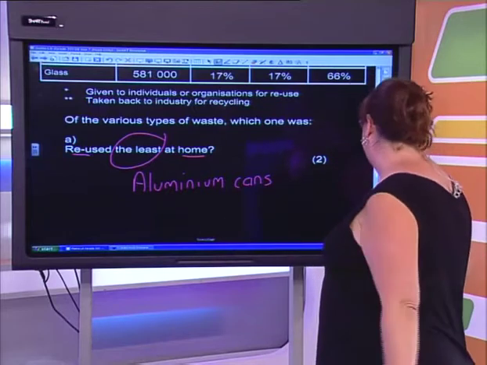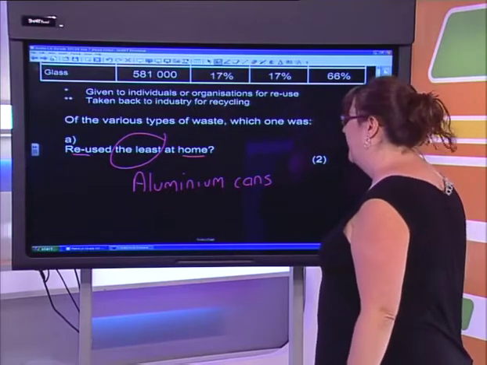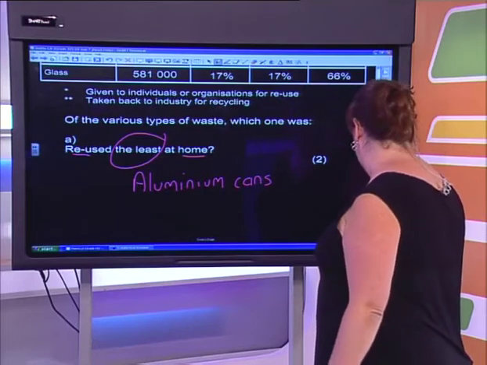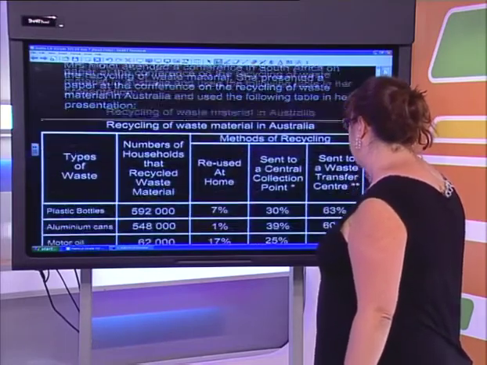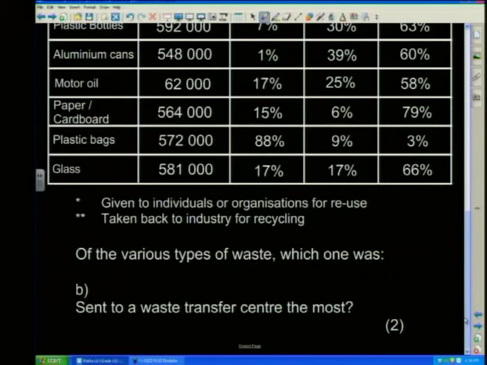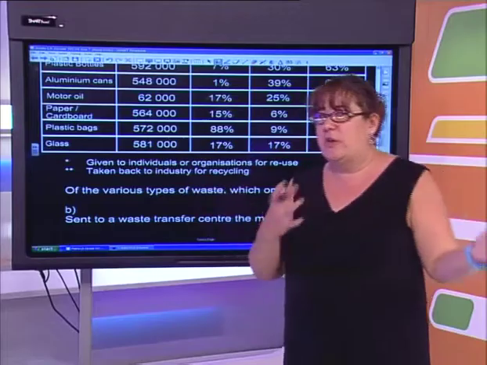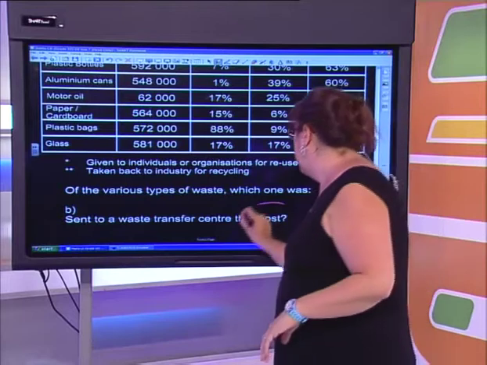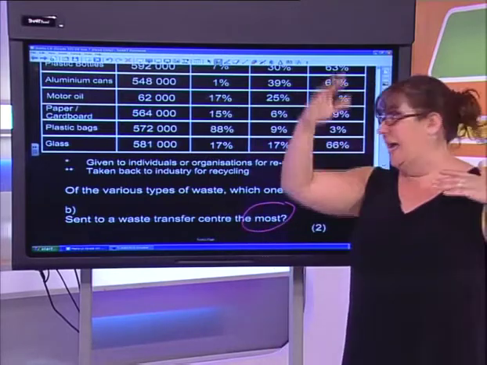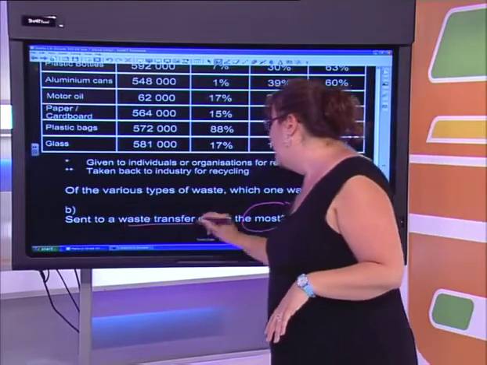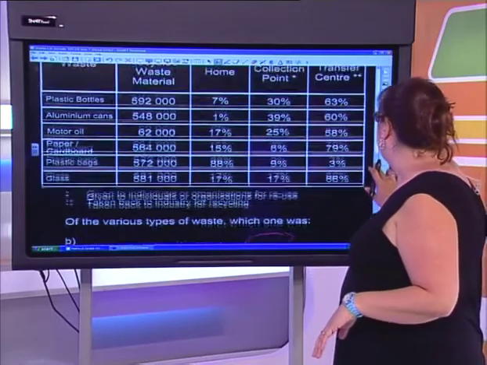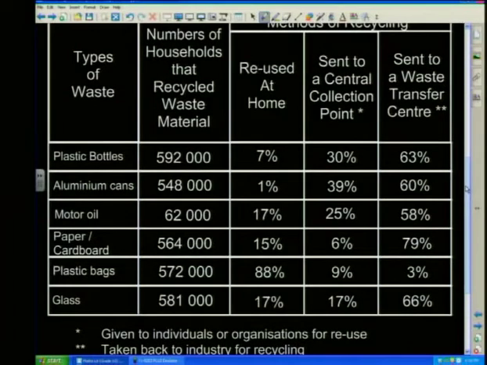Right, let's move on to the next part of the question. Okay, we've got our table again. It says, of the various types of waste, which one was sent to waste transfer centers the most? So they're looking at 2 extremes. Now we're looking at the most, so I'm looking for my highest. And what do I want? Waste transfer centers.